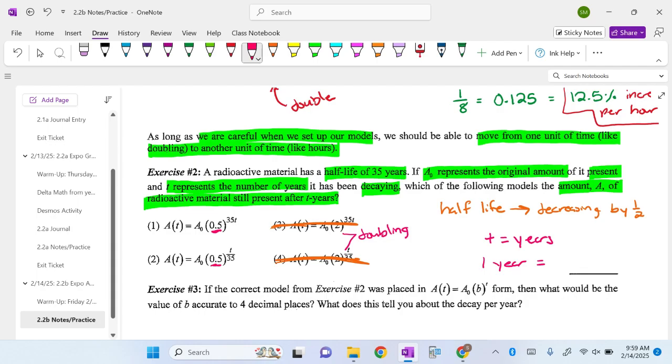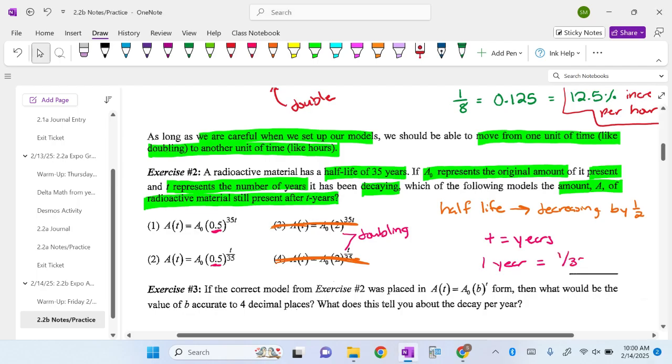It takes 35 years to do a complete half-life. So in 1 year, how much has happened in the half-lifing process? 1 out of 35. So in 1 year, we've done 1 out of 35 of the half-life.